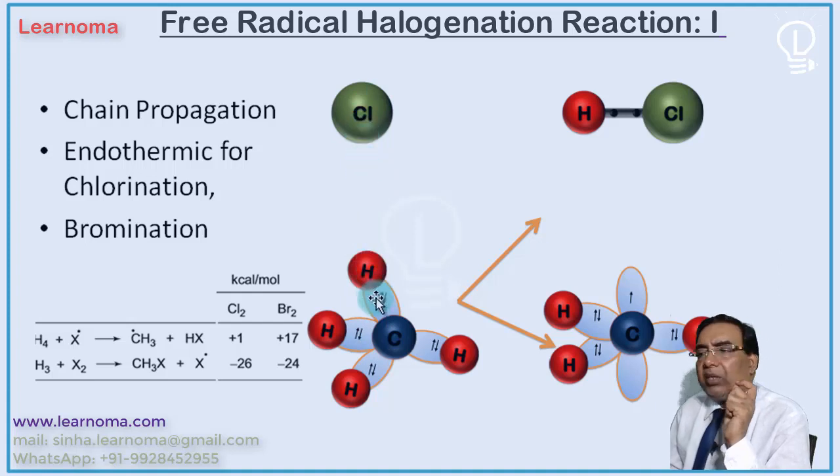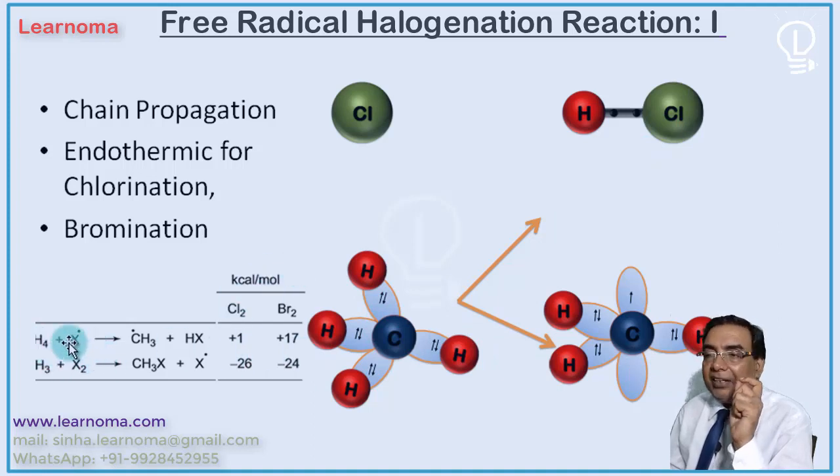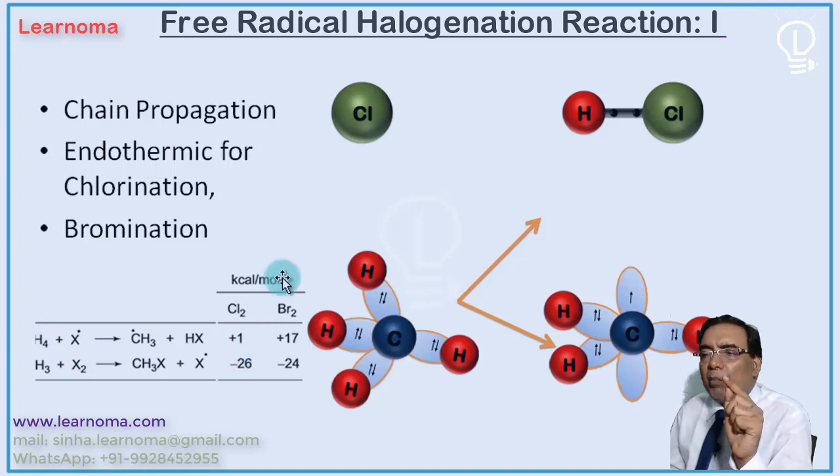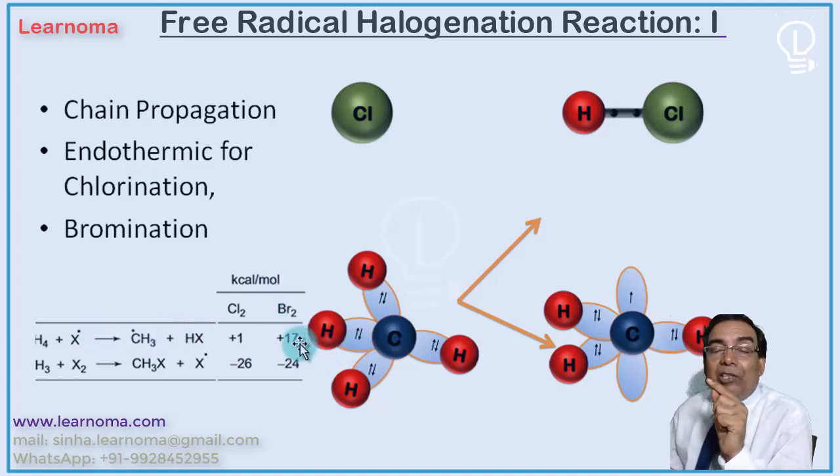Here the chlorine radical is reacting with methane and forming HCl and a methyl radical. In this reaction, methane reacts with the X radical. For chlorine, this is very small, 1 kilocalorie per mole, still endothermic. Whereas in the case of bromine, this step requires a large amount of energy, plus 17 kilocalorie per mole.